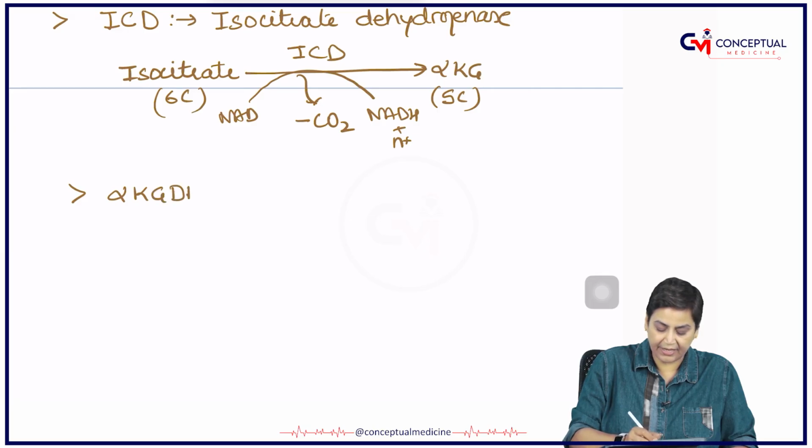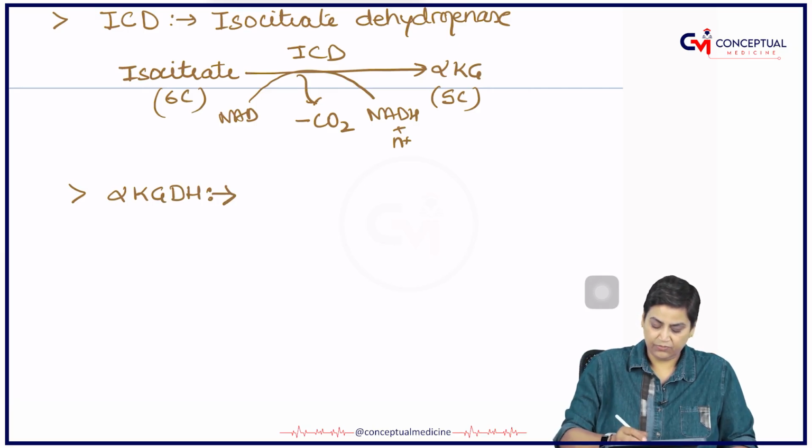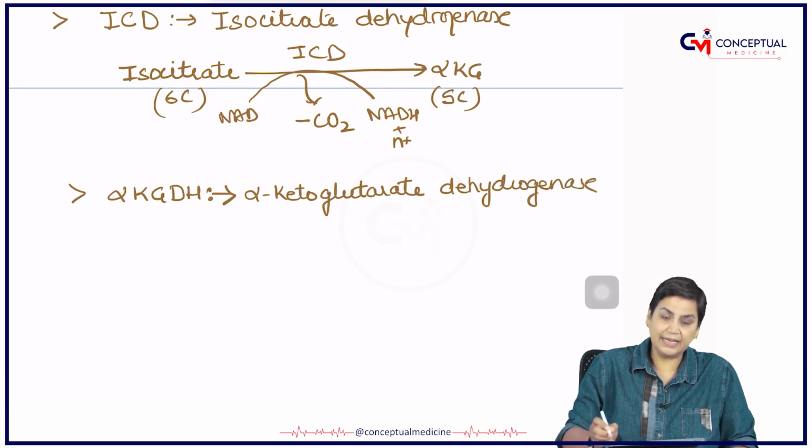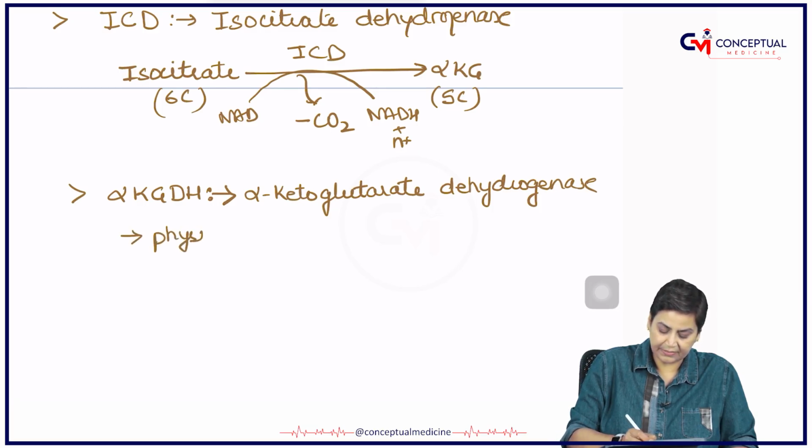Okay. And the third important enzyme, which is catalyzing a physiologically unidirectional step, is alpha-ketoglutarate dehydrogenase. Very important. Full form is simple, alpha-ketoglutarate dehydrogenase, and it is catalyzing a physiologically unidirectional step.